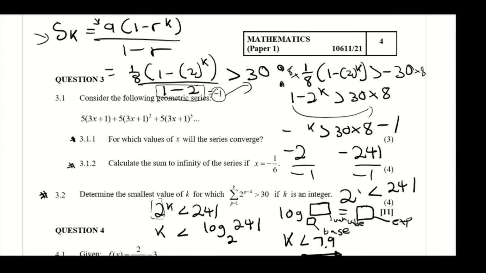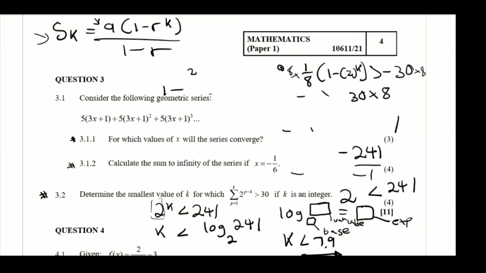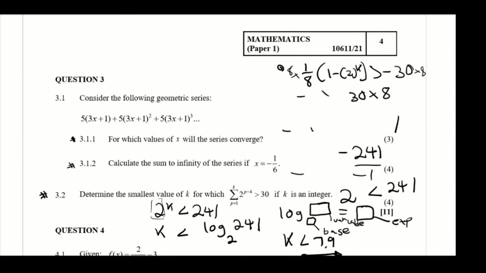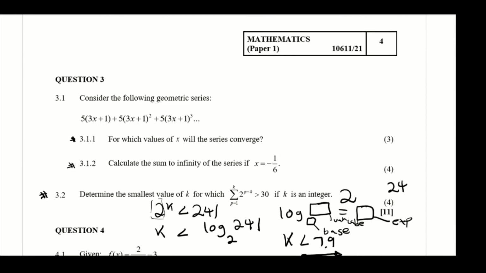So how you conclude is this, because you're not done. You got k is less than 7.9. That's what you got as your answer, right? So what you need to do is go back to the question. What does the question want?